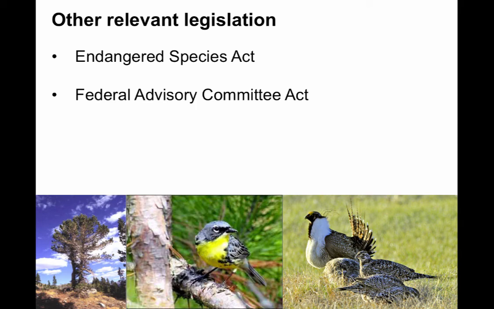The flip side of this is that if you are engaged with your stakeholders early and often, which is part of that adaptive management process, you can help ensure that you're not going to miss some important legislative policy at the federal, state, or local level.